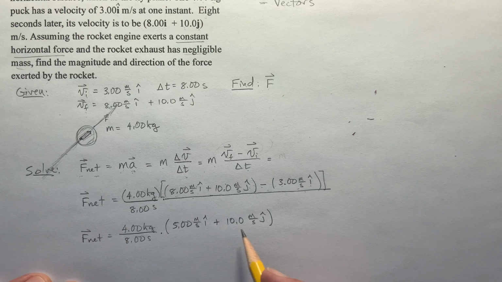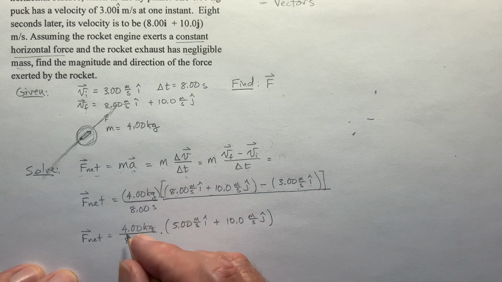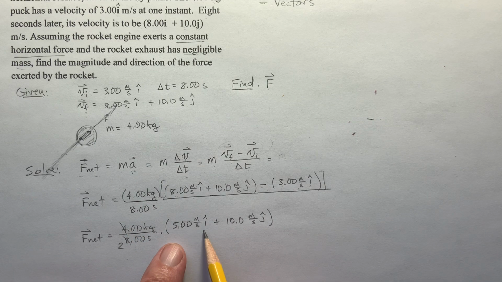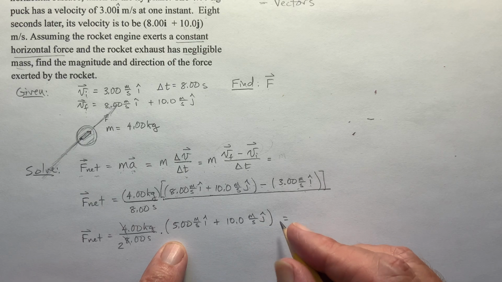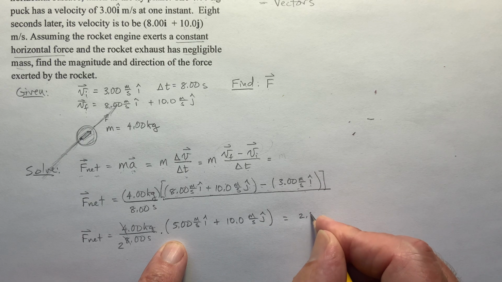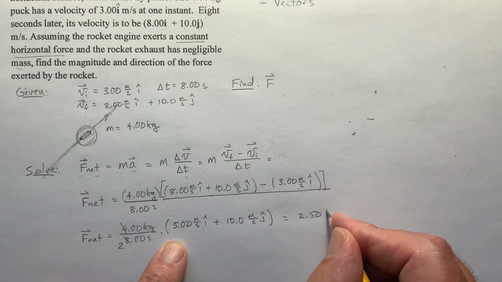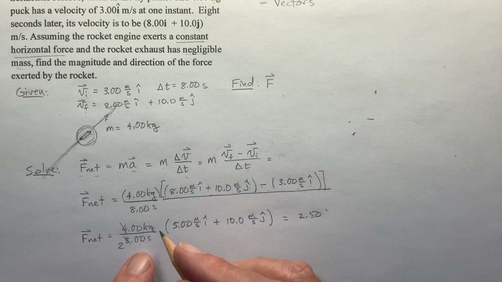Okay, so change in velocity divided by change in time times the mass, that gives me the force. So I guess what we can do right now is we can say, all right, well, this is 2. So all we have to do is divide this by 2. And so I get 2.50. Now we've got to include these units, right?